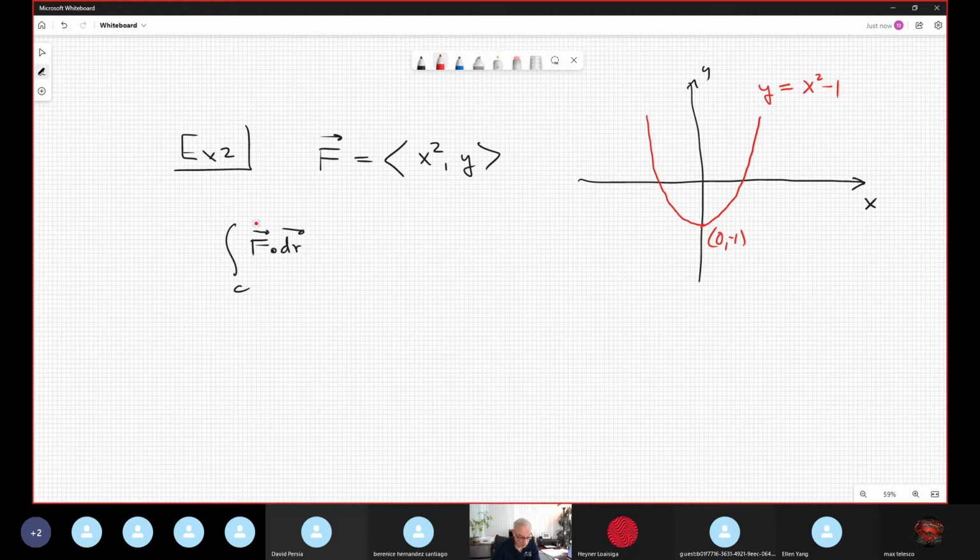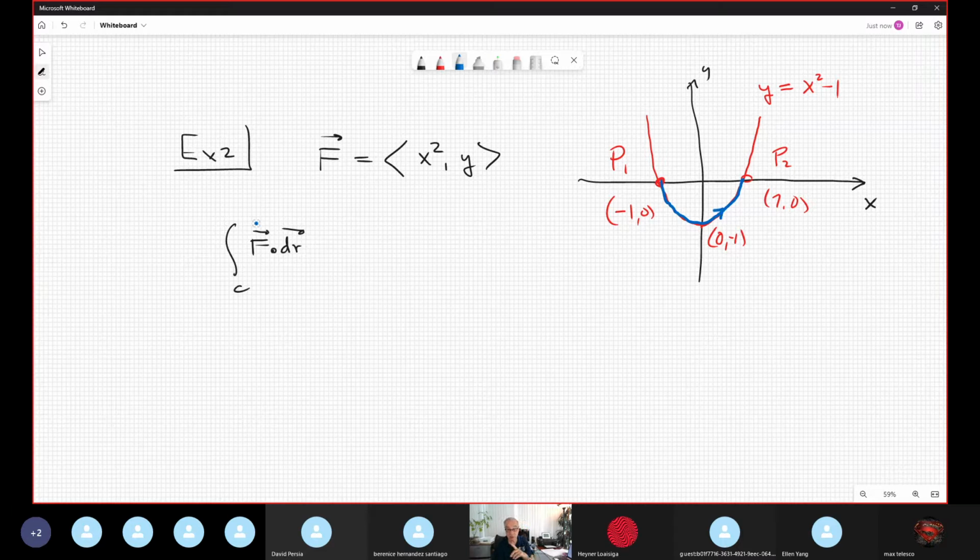But I want to compute the circulation line integral in one specific way. I need to specify 2 points. This is the first point, P1, which is negative 1, 0, to this point, P2, which is positive 1, 0, using this orientation in this direction.